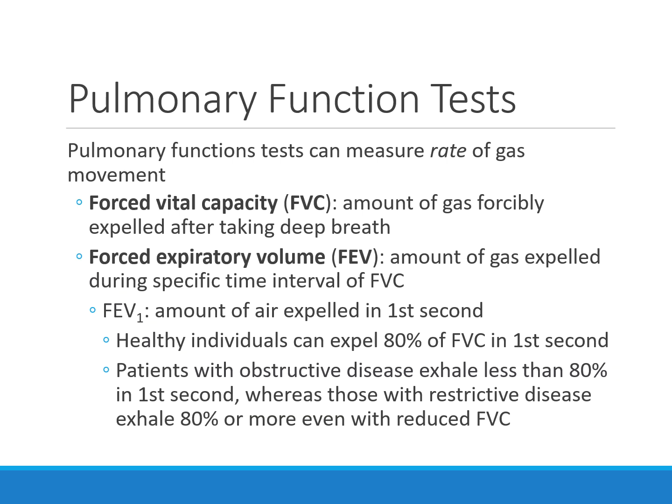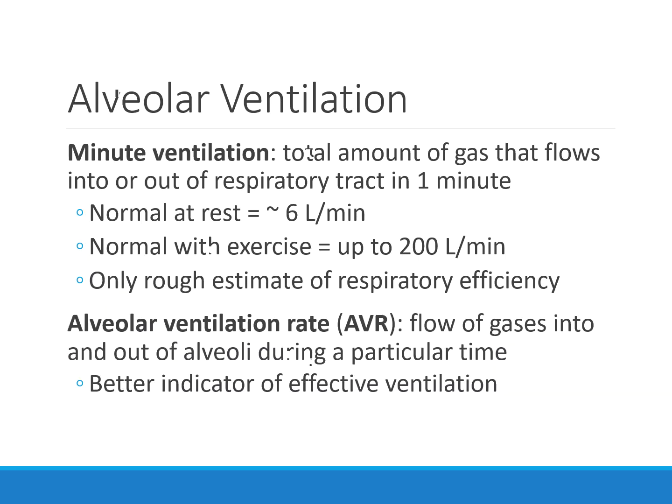A healthy person can expel approximately 80% of the FVC in the first second. If they have an obstructive disease, they exhale less than 80% in the first second, whereas those that have a restrictive disease exhale 80% or more, with reduced FVC. So again, they can look at those to determine the difference between a restrictive and an obstructive disease.